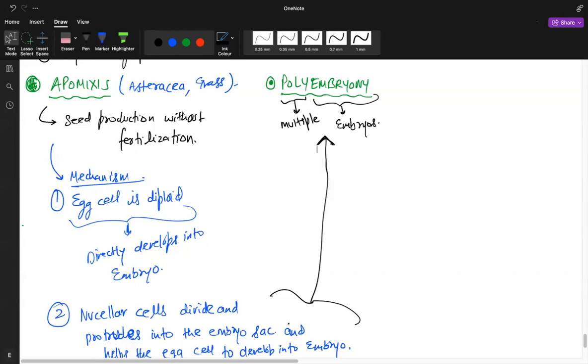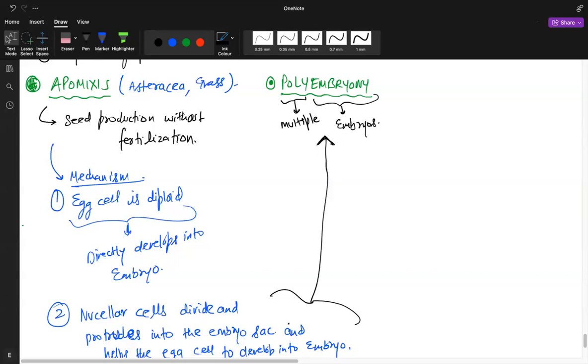If any one of you has ever witnessed, I have witnessed one case where you just sow one mango seed in the ground, but 2 or 3 or 4 saplings of mango come out. Has it happened with any one of you? No? Anyways, but this is possible. So in case of mango and citrus, polyembryony can take place.